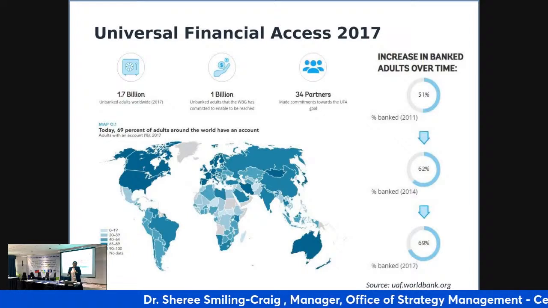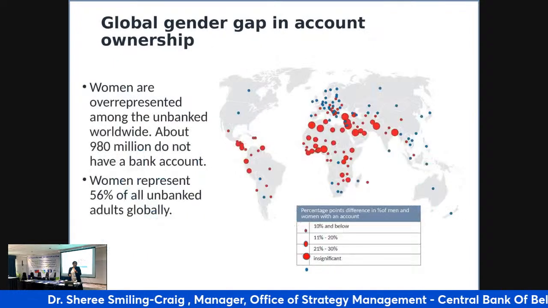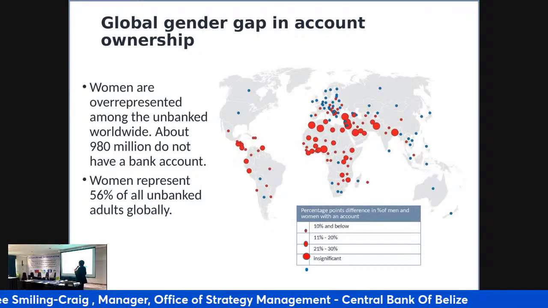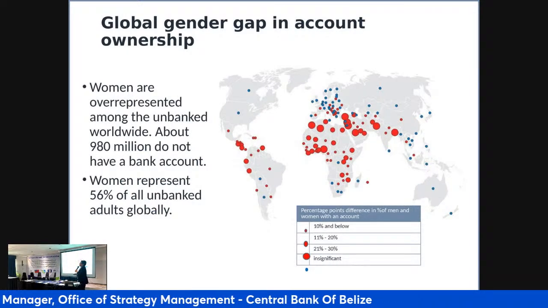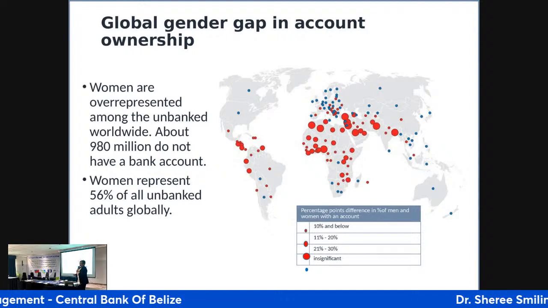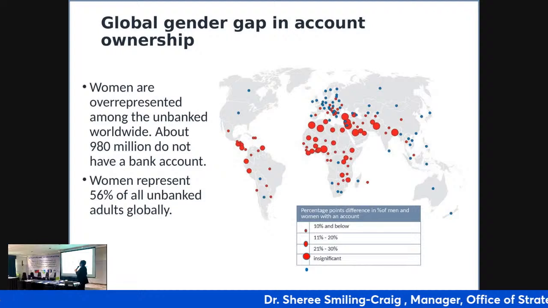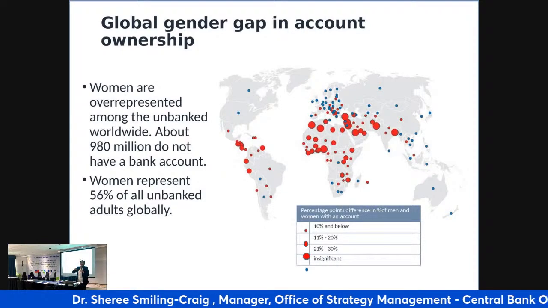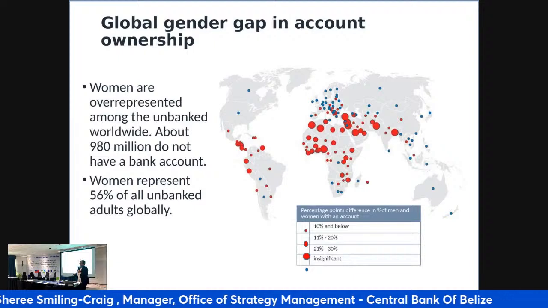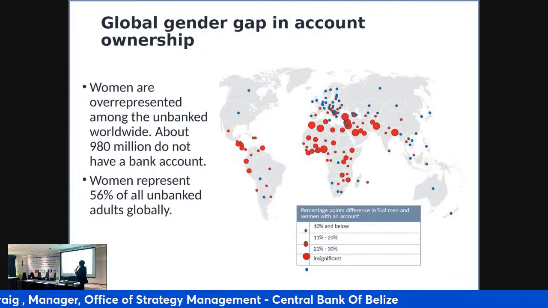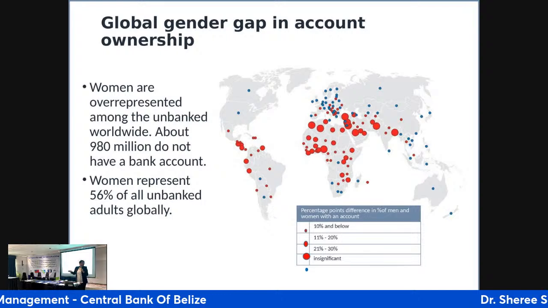Now, look at the gender gap globally. You will notice that women are overrepresented in the unbanked population. The small dots mean a 10% and below gap between males and females with accounts. And you'll notice those are in the more developed areas. The blue, of course, means there's no significant gap.